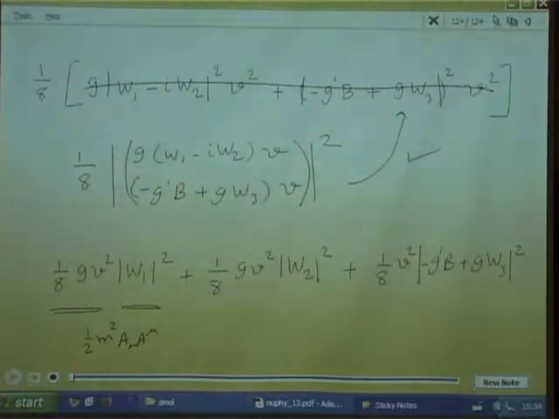So this tells me that now I have a particle which I call W1. W1 has a mass of, this is half M squared. So mass of W1 is equal to G squared.